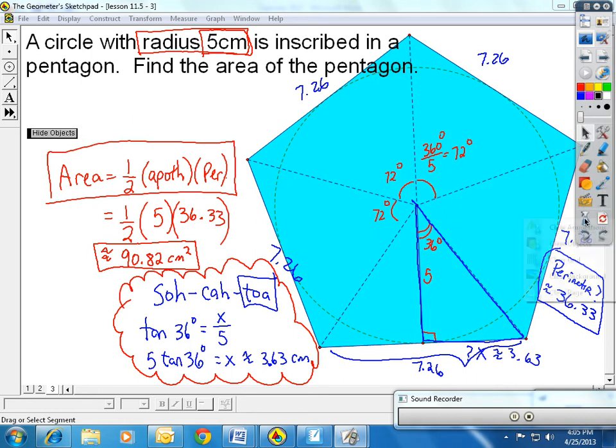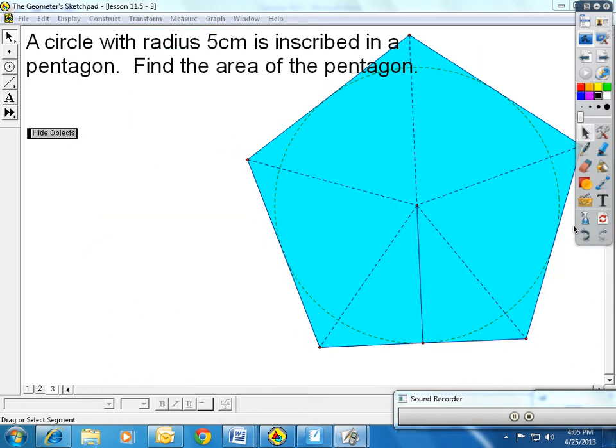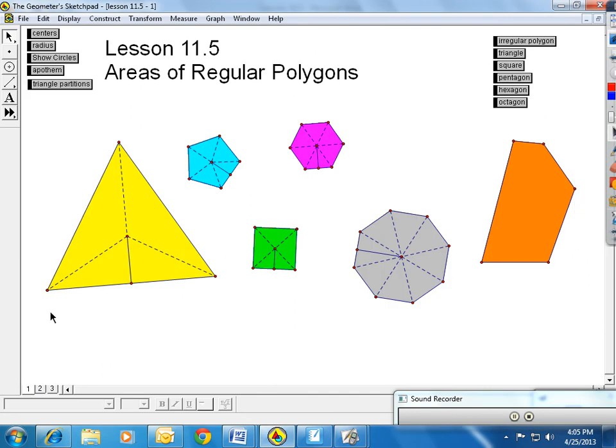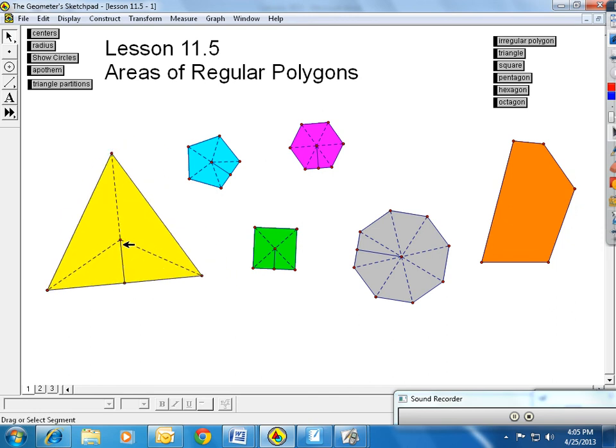All right. I'm going to clear this and go back to the first one. Just as a review, if it's an equilateral triangle, then we know these angles. This is a 30, 60, 90 triangle right here. We just did an example of the pentagon. That was 72 degrees, and you had to use sine, cosine, tangent.